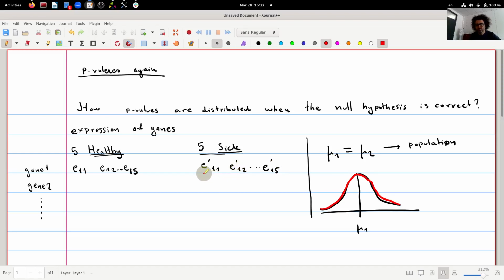So these 5 values are coming from the red distribution, while these 5 values here are coming from the black distribution. But in fact, these two distributions in this case are the same. So the null hypothesis holds here.